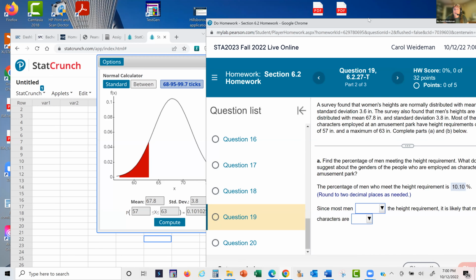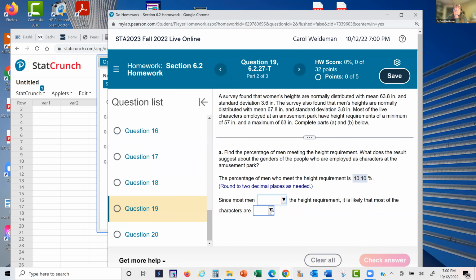Yep. Now they're going to ask you another question. Now they want to ask you to interpret this. So since most men do or do not meet the height requirement, do not, right? Because only about 10% do. It is likely that most of the characters are men or women. What do you think? Most of the men don't meet it, so most of the characters must be women, right?